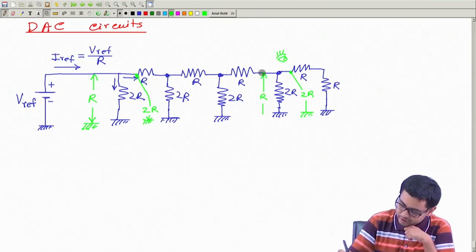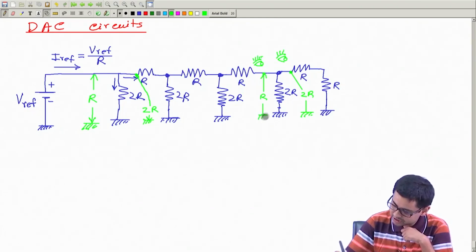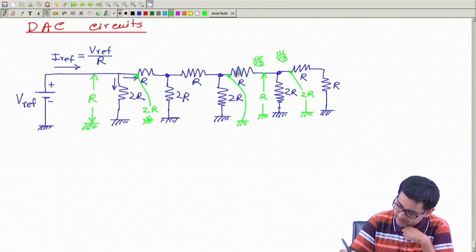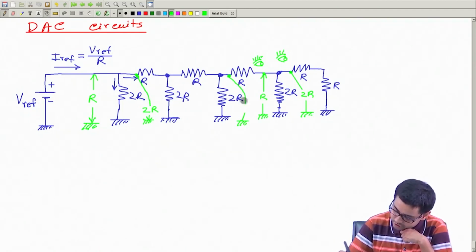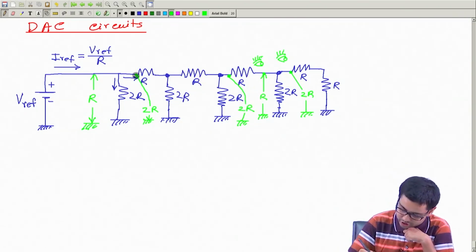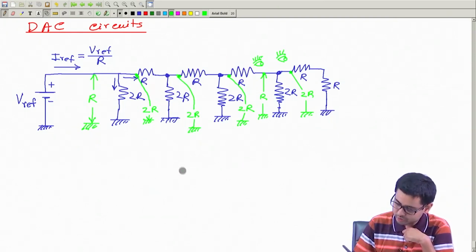If you are looking from here, the total resistance between these 2 points is R. Similarly, between this point and ground, this R plus this R will be 2R. Okay, so on. You just do it yourself. I know the answer, so I am doing it quickly. So this will also be 2R.